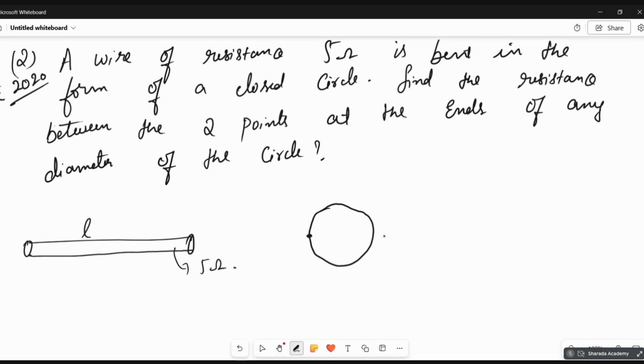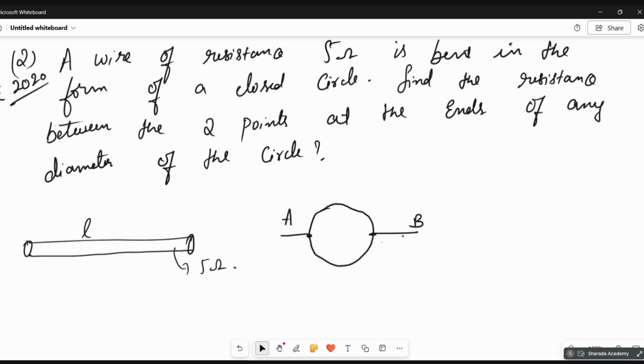Consider like a circle. You take two ends of a diameter. This is point A, this is point B. Now what is the resistance between A and B?